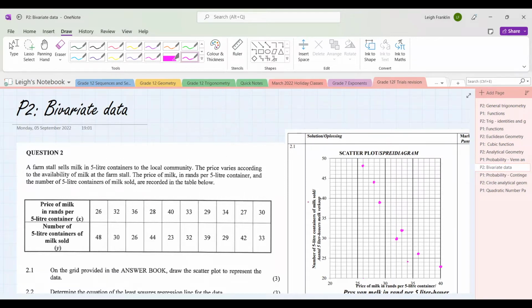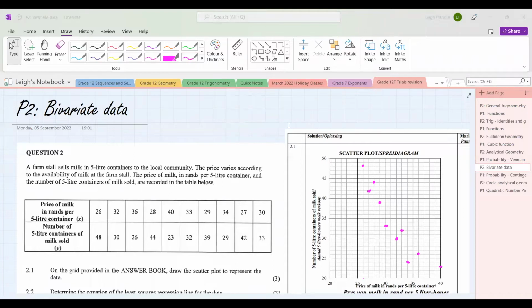Oopsie, too far up. One over there, almost there. Second to last one, 27 and 42. So that's there. And then 30 and 33 is going to be over there.